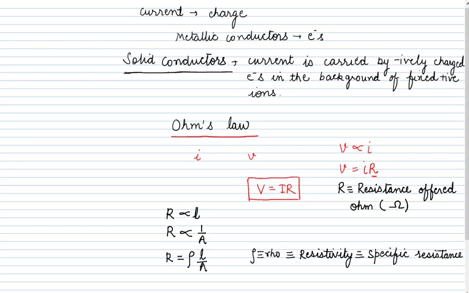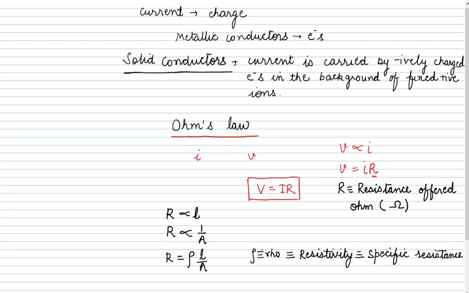Resistivity and specific resistance are the same thing. The resistivity of a metallic conductor has a constant value. The specific resistance also has a constant value. It depends on certain factors that we'll study, but it has a constant value for a particular conductor.